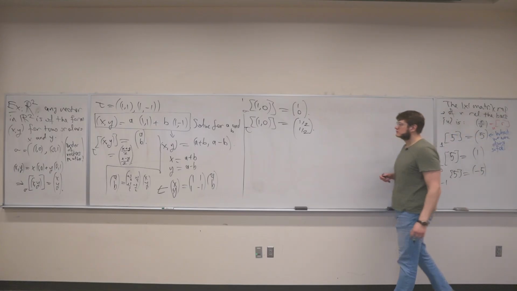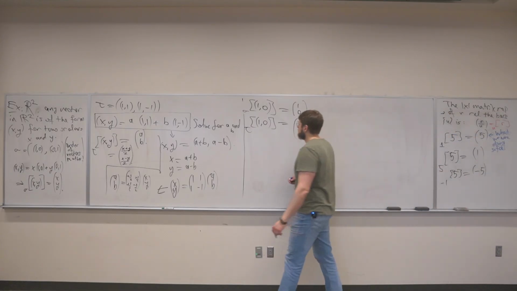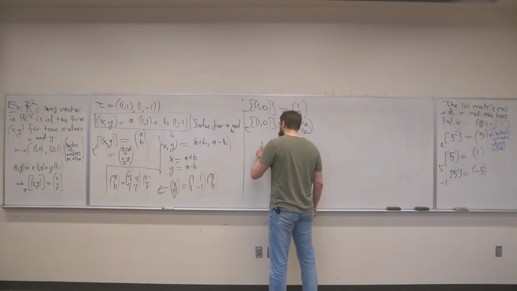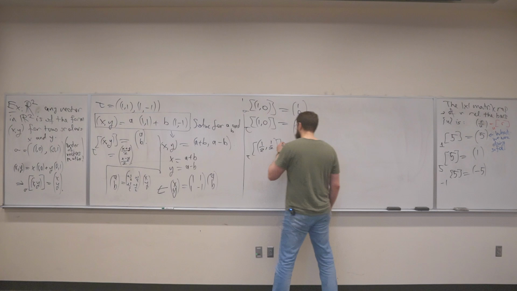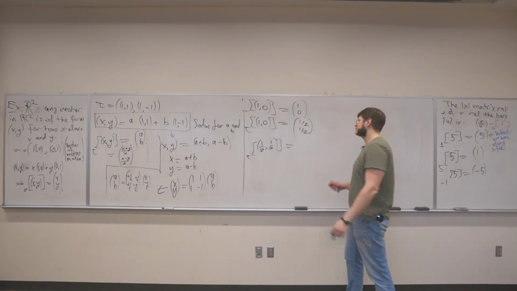And (1/2, 1/2) relative to tau would be stored as (1, 0).